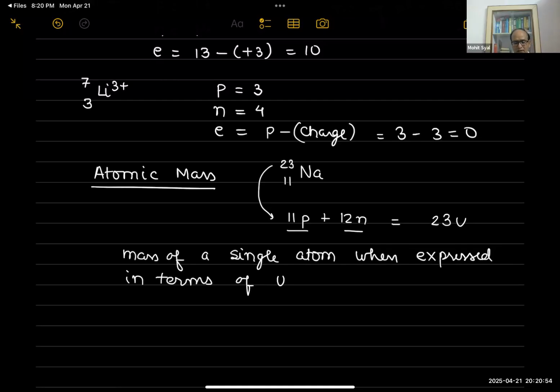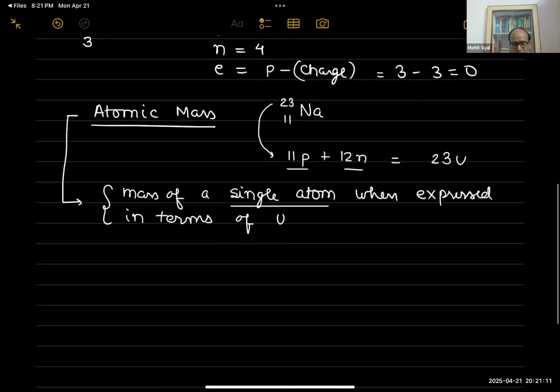This is the definition of atomic mass: the mass of a single atom when expressed in terms of U is called atomic mass. So suppose I take helium.